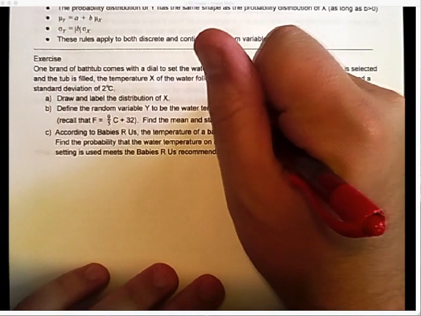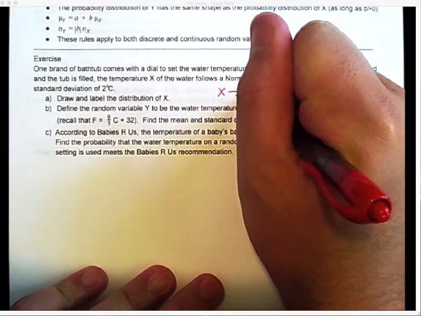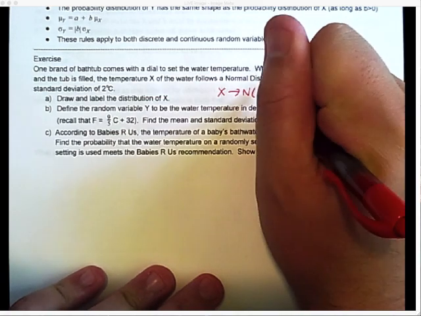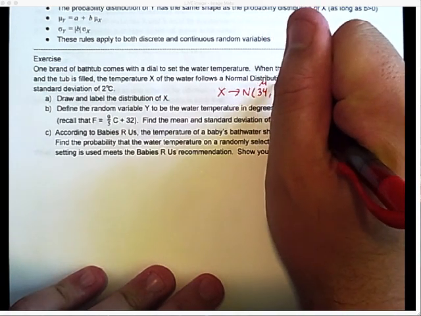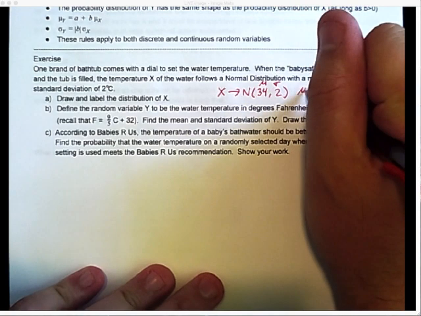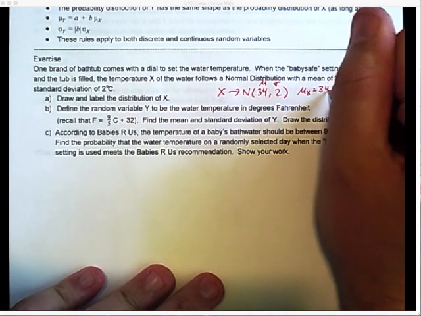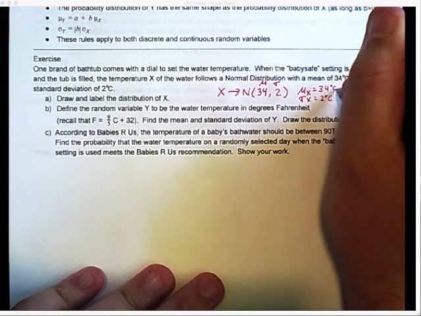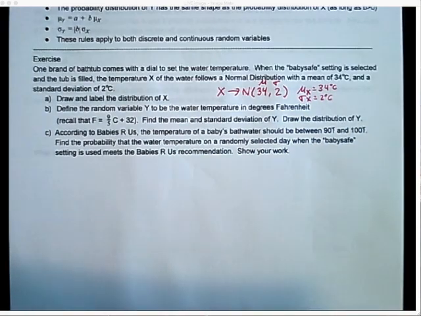So X is normally distributed with a mean of 34 and a standard deviation of 2. There's mu, there's sigma. We could also write mu of X equals 34, sigma of X equals 2, both in degrees Celsius.